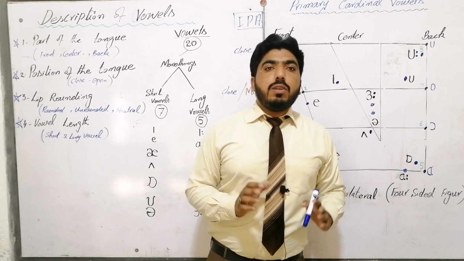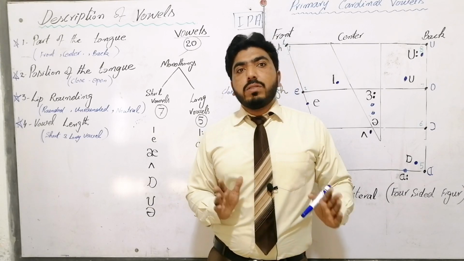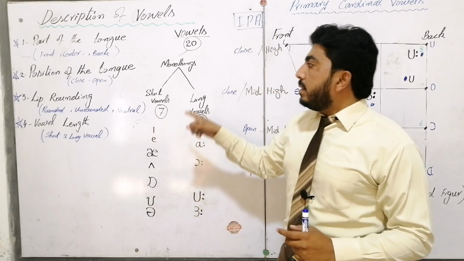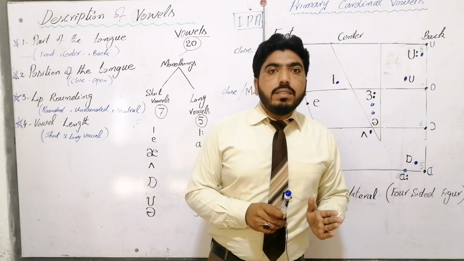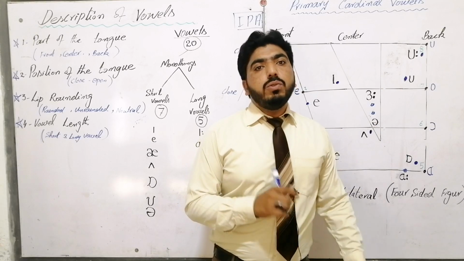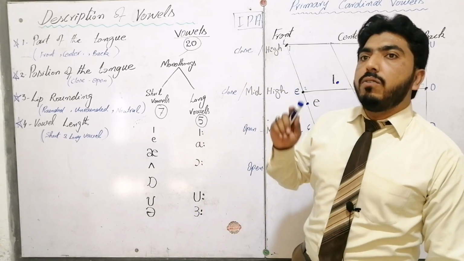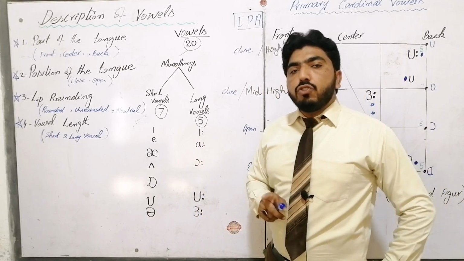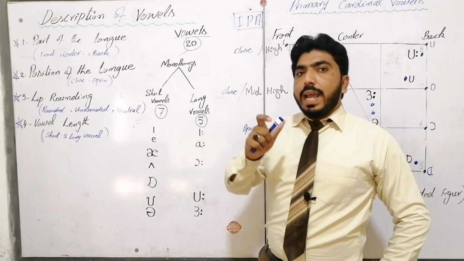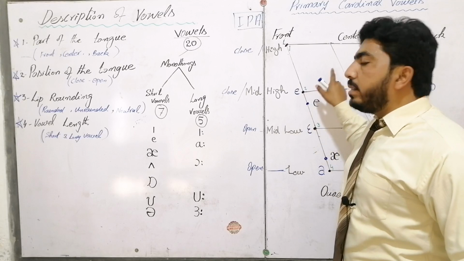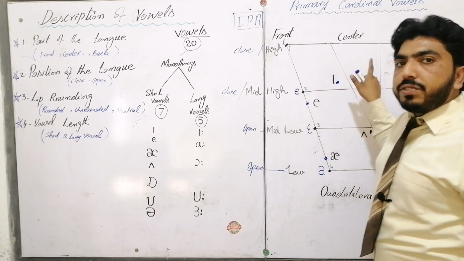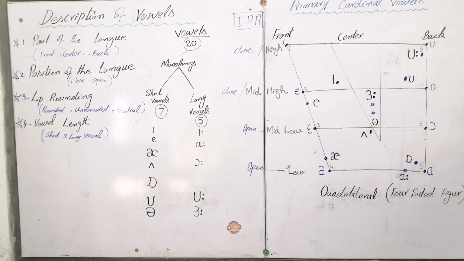I have just tried to explain these sounds, but I'm not the authority. As far as the pronunciation of these sounds is concerned, the authority is the native speakers. So try to follow the pronunciation of those sounds produced by native speakers. Only in that way will you be able to place the right vowel at the right place in this diagram, the trapezium.